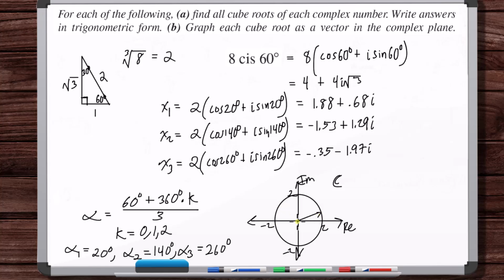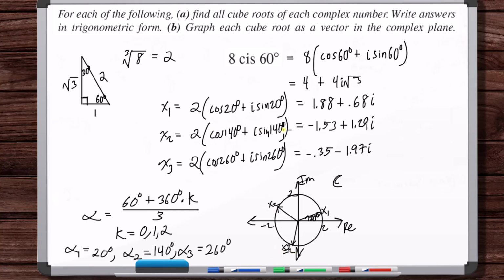The next one's going to be at 140. So 135 is about 45, so like right in there. And the next one at 260, that's right before the negative vertical 270. And you can see they're evenly spaced, right? They're all 120 degrees apart. And we could put this 20 degrees. Yeah, so x1, x2, x3.